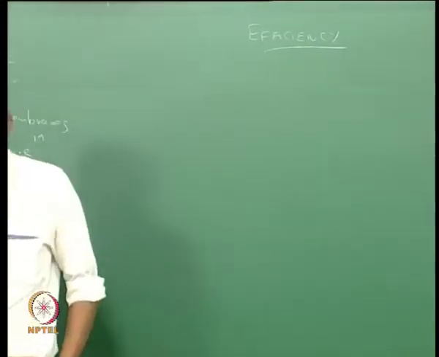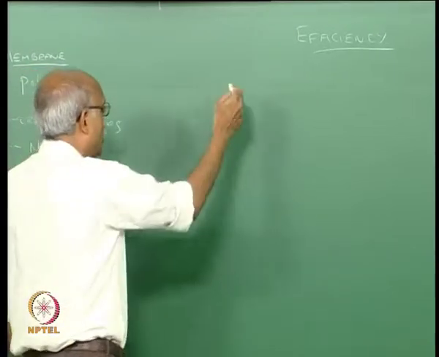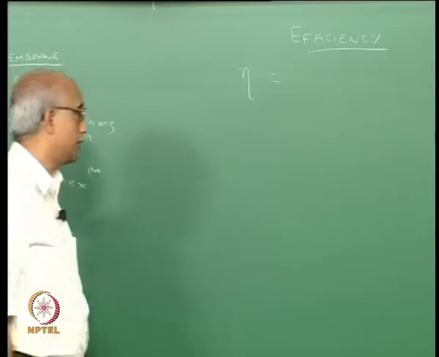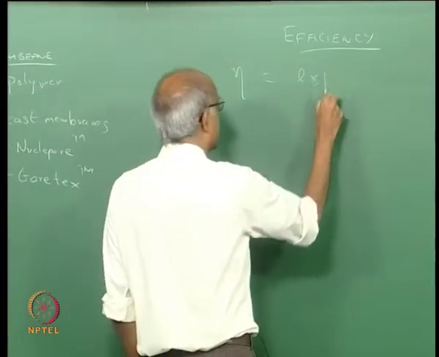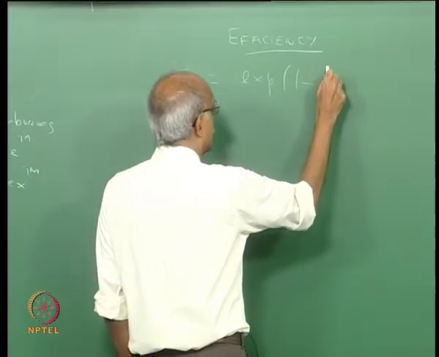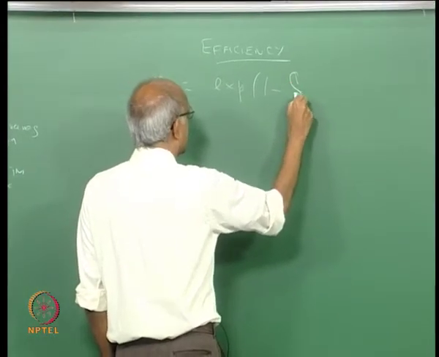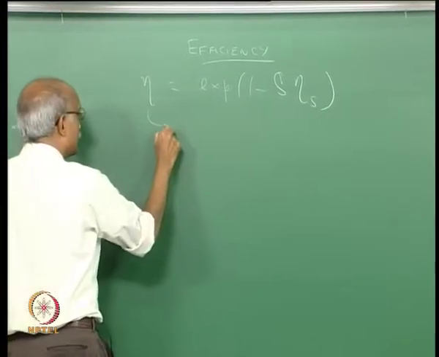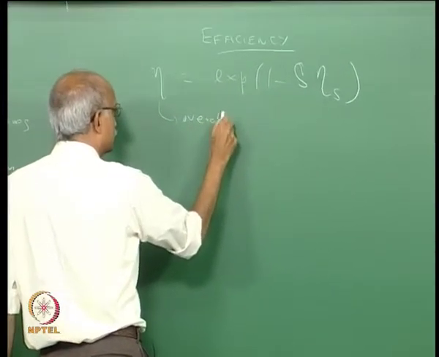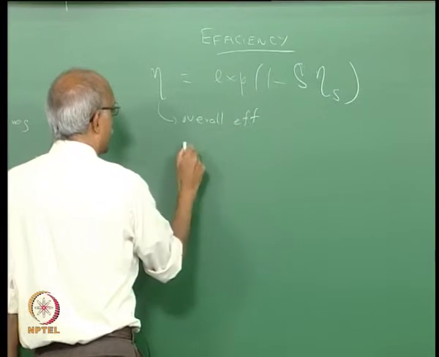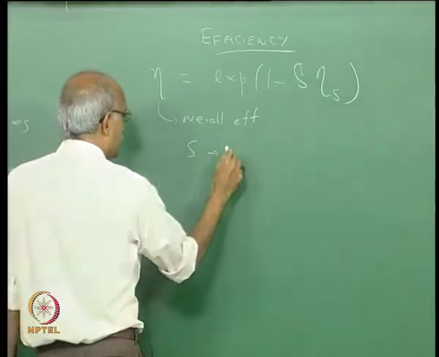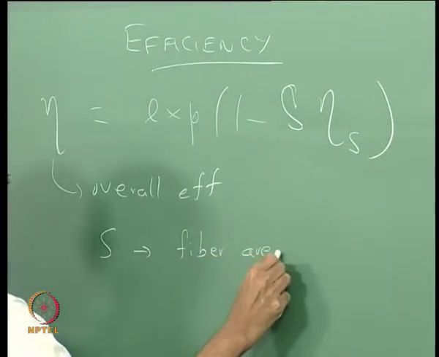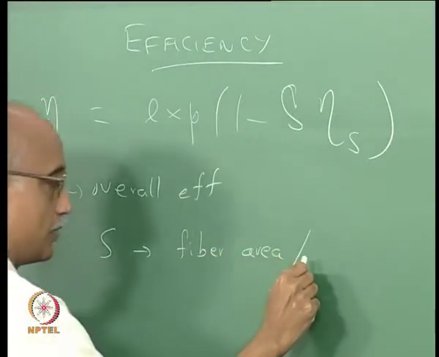In the case of a fibrous filter, the overall efficiency eta can be calculated as exponential of 1 minus S times eta S, where eta is the overall efficiency, S is the fiber area per unit area of filter.